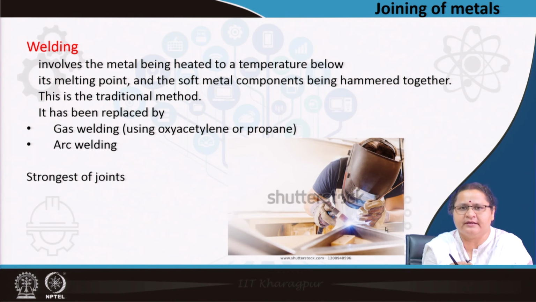Now different, easier methods have been found, but it is the same two metals being joined. There is no third metal, no other metal coming in between. Even then, these joints are weaker than the main material, but this is the strongest among the joints.